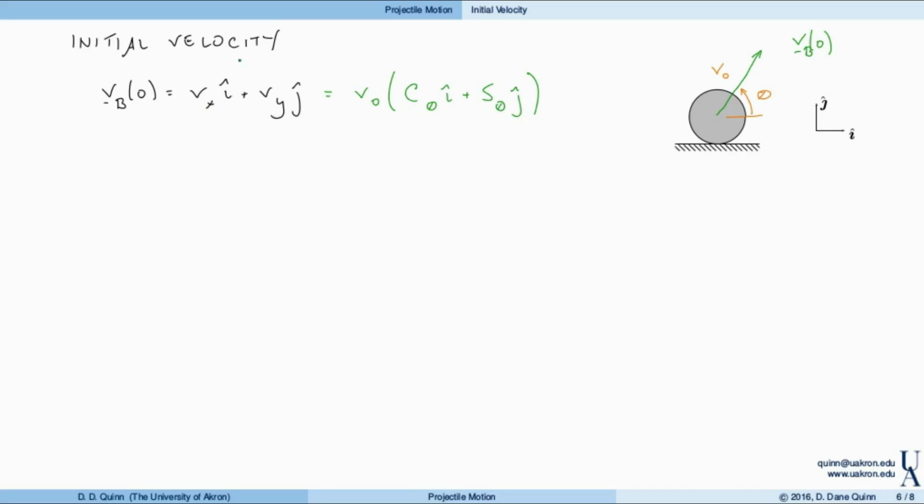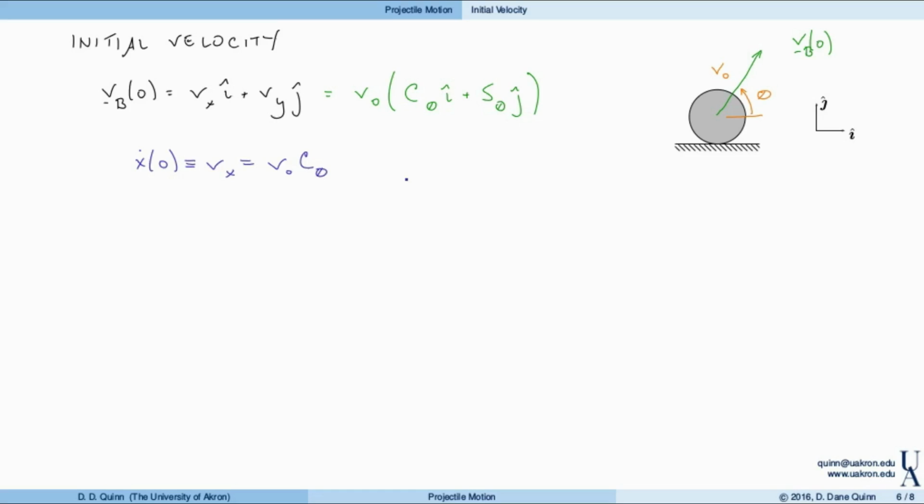This expression, in terms of components in the i and the j direction, must be the same as this expression in terms of magnitude and direction, because both of these expressions represent the initial velocity, which is the same vector. So as a result, we can compare components in the i direction and components in the j direction to show that x dot at time 0, which was defined as Vx, must be equal to v0 cosine of theta.